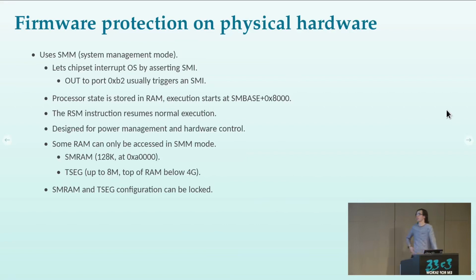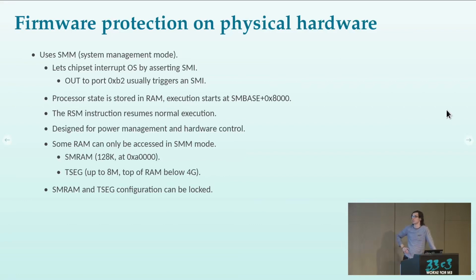And there's some memory which can only be accessed in system management mode. It's SMRAM. It's pretty small, 128 kilobytes. It's a location where usually the VGA frame buffer sits.